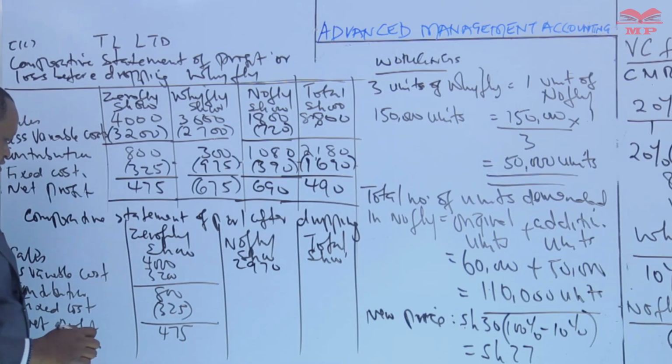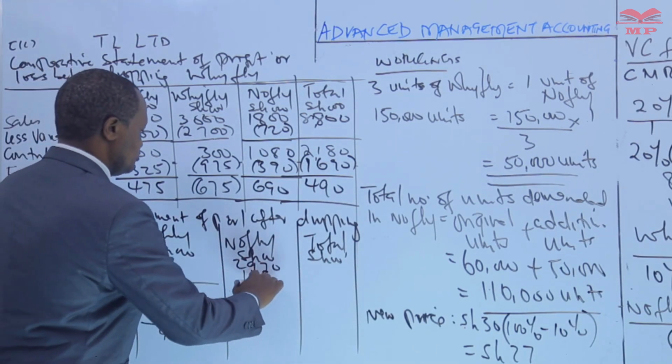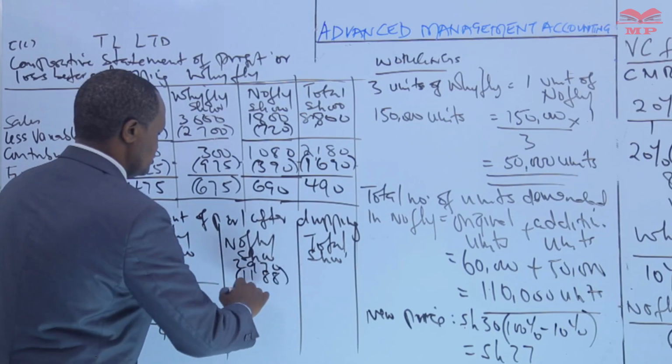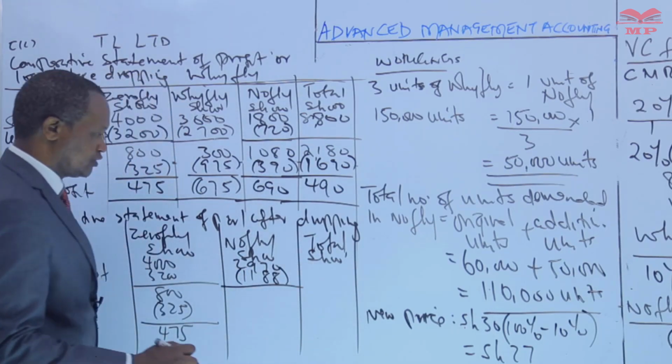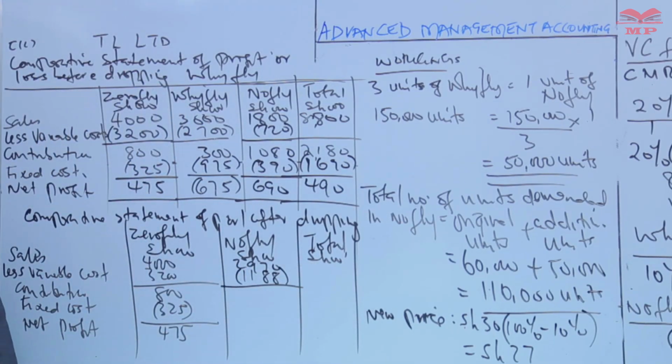What will be the variable cost? Corey says 1188. Is that true? Can someone else confirm? Correct. If it is 1188, then deduct it from 2970. Give me the contribution.